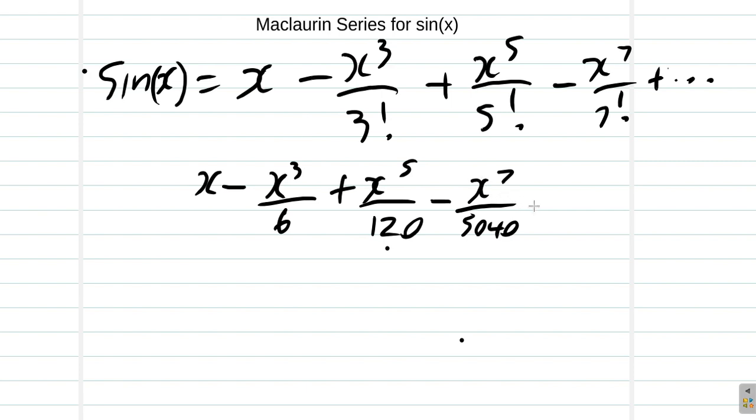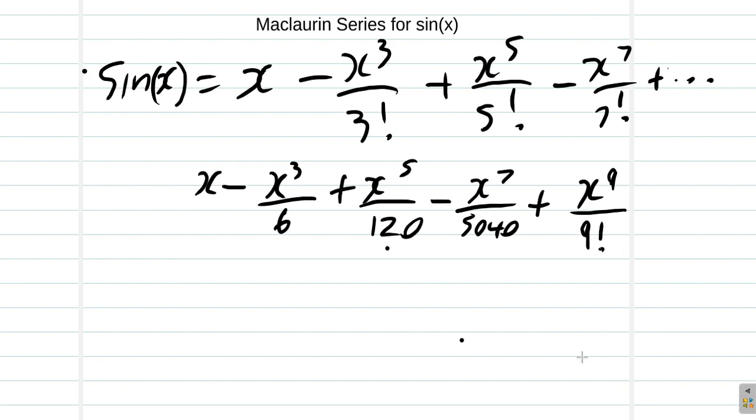Now, what would be the next term? It would be plus. This is really x to the 1 over 1 factorial, which is 1, but we didn't bother to write that. So you have x to the 1, 3, 5, 7. This is plus x to the 9 over 9 factorial.